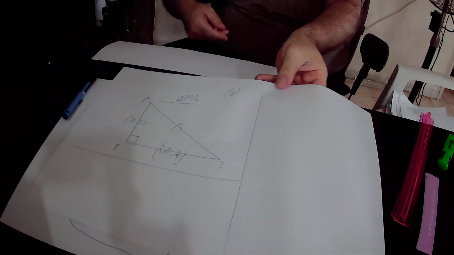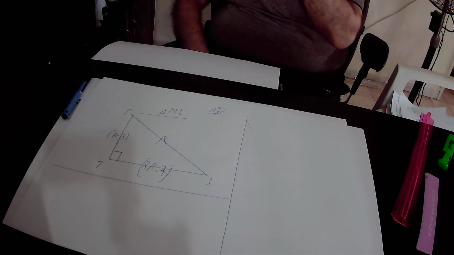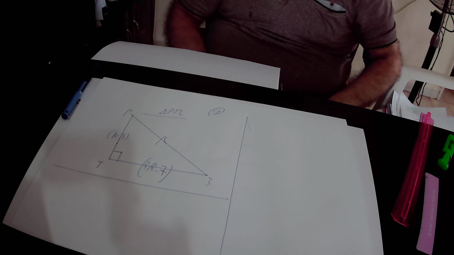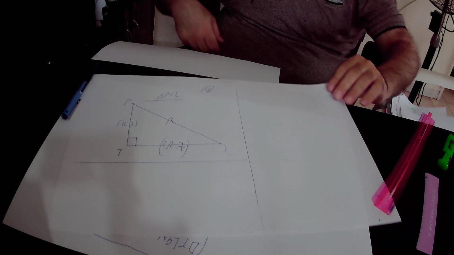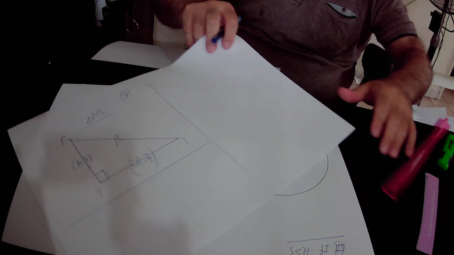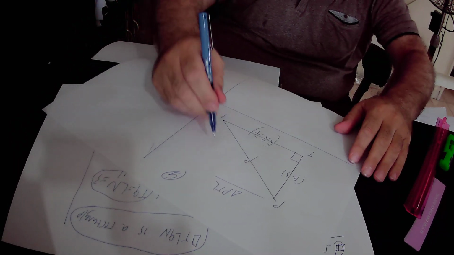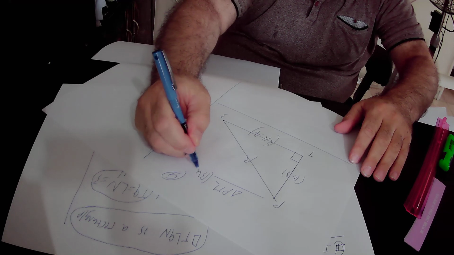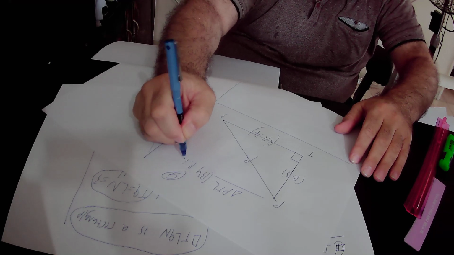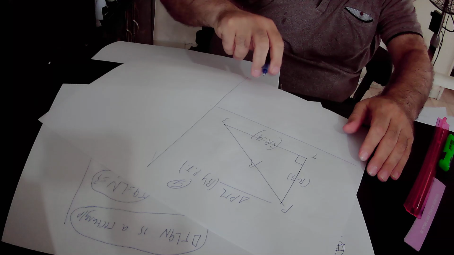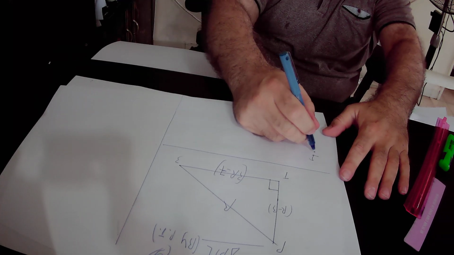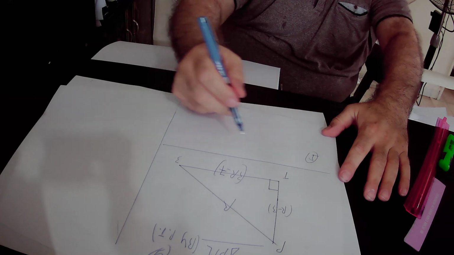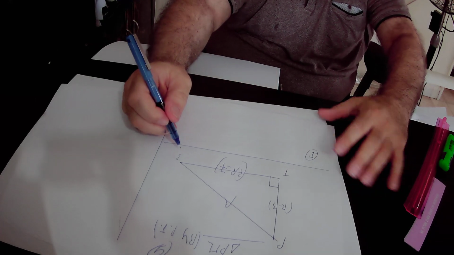So this is the right triangle PTL that I copied from the original drawing. According to the Pythagoras theorem, the square of the hypotenuse equals the sum of the squares of the perpendicular sides.